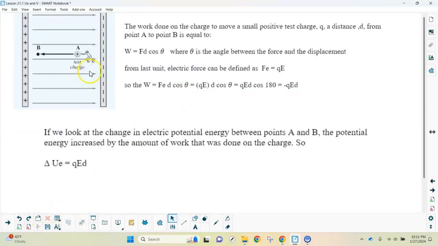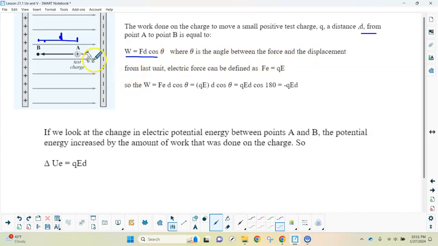If you think about work in this case, we're going to push this charge from A to B through a distance that I called D. We're going to call this charge Q, and the distance between point B and point A we're going to call D. Using the work equation, work equals F D cosine theta, where theta is the angle between the force and the displacement.